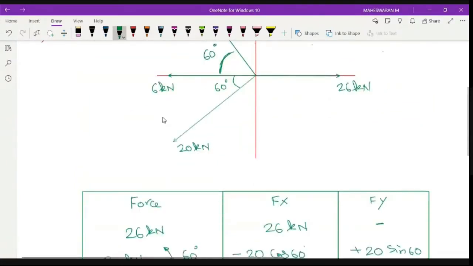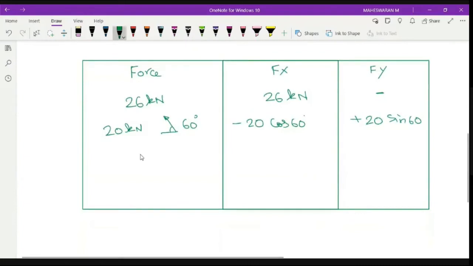Next, I have 6 kilonewton. Let me write 6 kilonewton here. This 6 kilonewton is in the x-axis negative direction, so minus 6 kilonewton. This is not available in y.